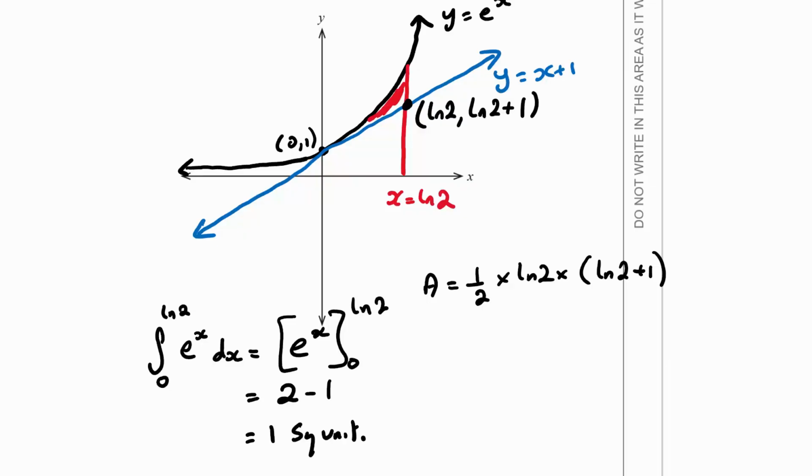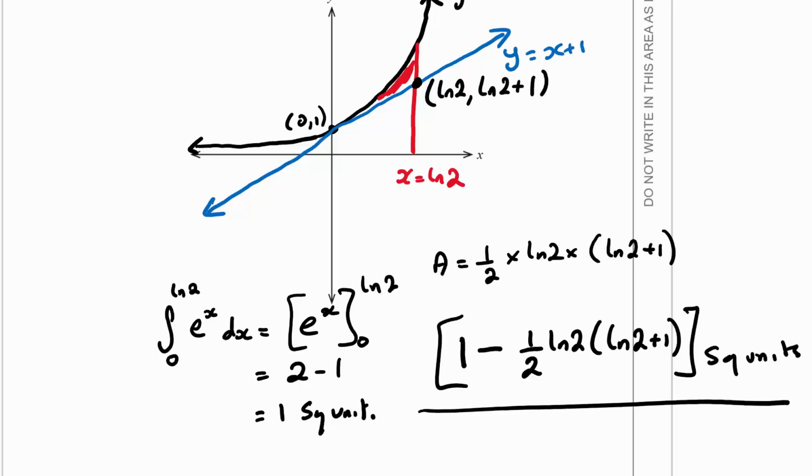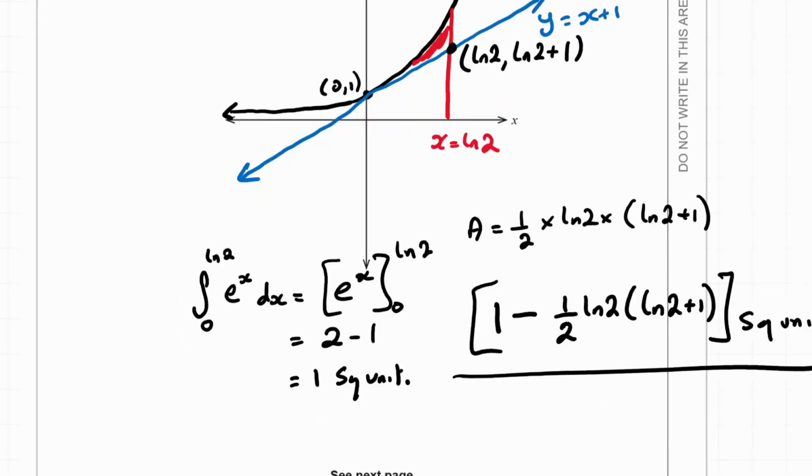And so we have got that the area that we want is going to be 1, take away a half ln 2 plus 1. And square units. So that would be our answer, or something equivalent.